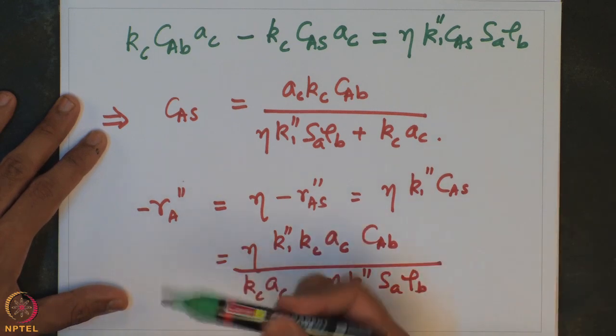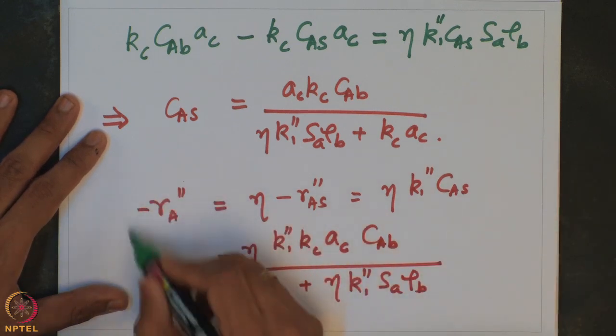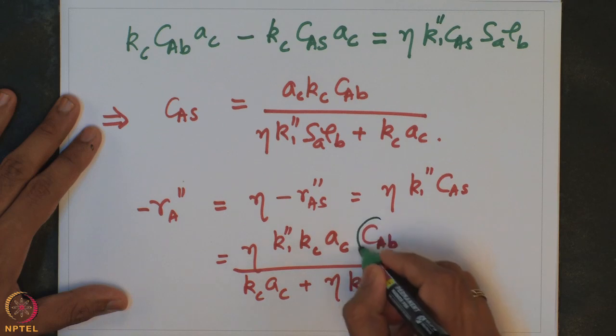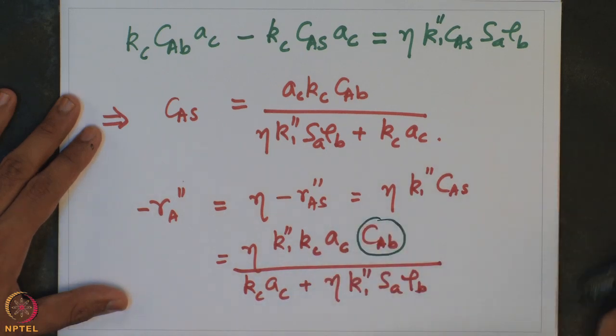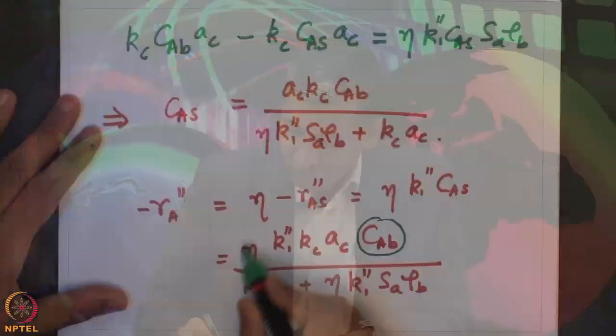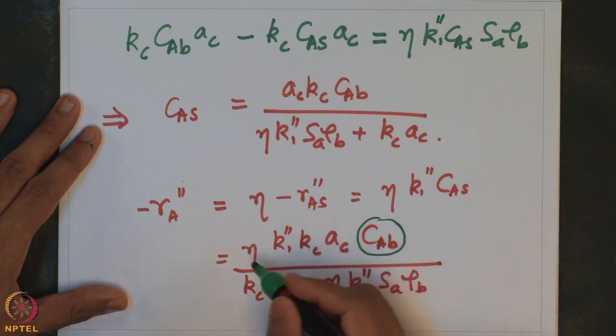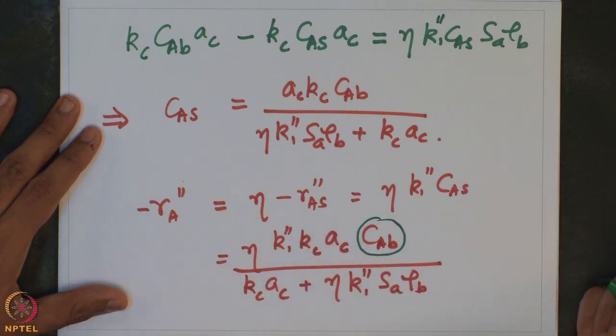So, what we have found is the overall rate at which the reaction happens per unit area of the catalyst in terms of the bulk concentration of the species, which is a measurable quantity. If you look at this expression, all the other quantities are known if the effectiveness factor of the catalyst is known.